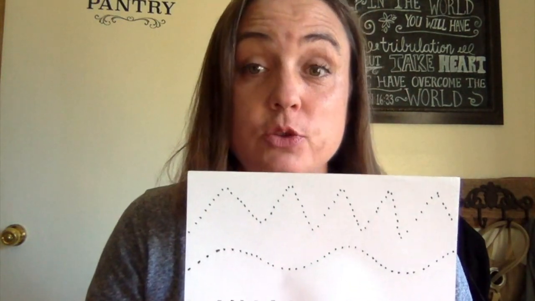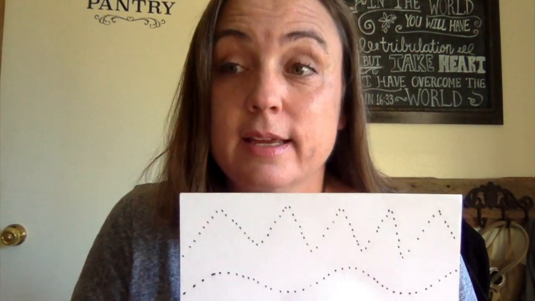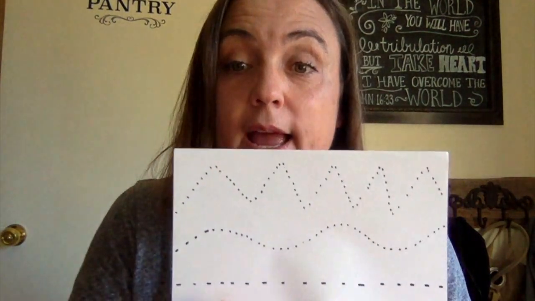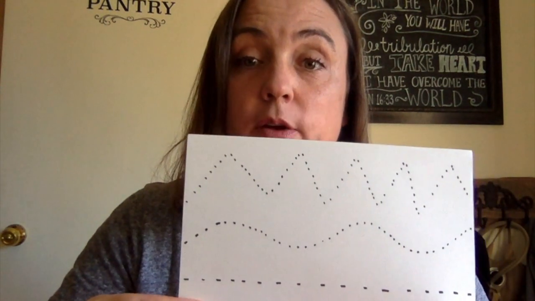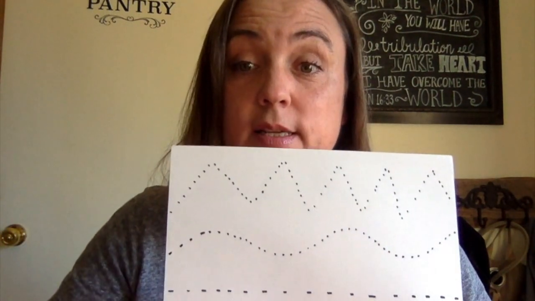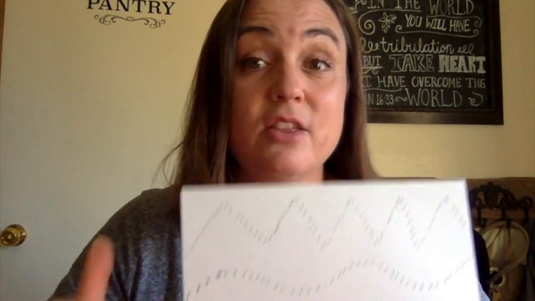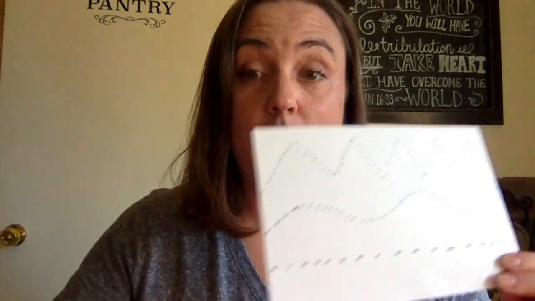Now, I want you to practice using your pencil and draw some trees in this space here. This space is called our foreground. In the foreground, things are closest to us, and if they're closest to us, then they're very large in size. So I'm going to draw a tree in the foreground and show you how big it should be.